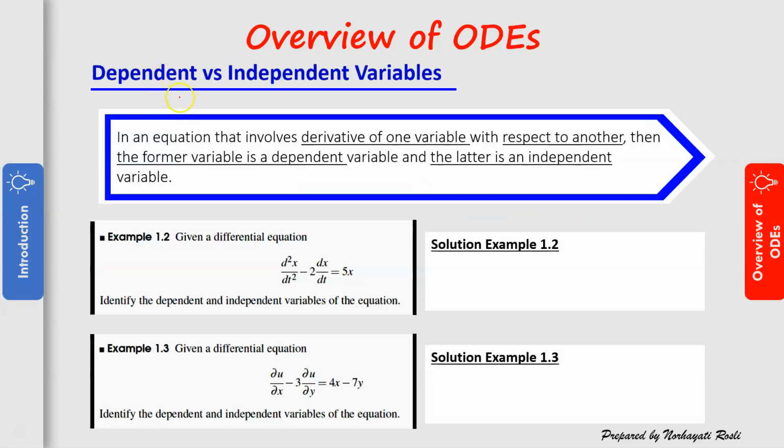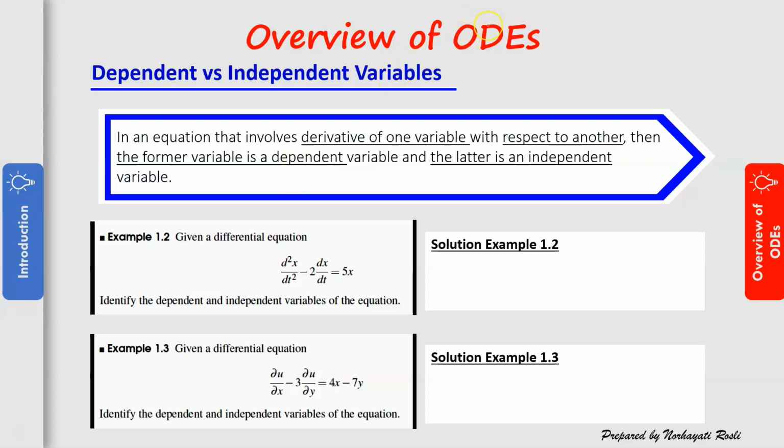So now class, we want to identify which one is the dependent and which is the independent variable. In an equation that involves the derivative of one variable with respect to another, the former variable we call the dependent variable and the latter is the independent variable.